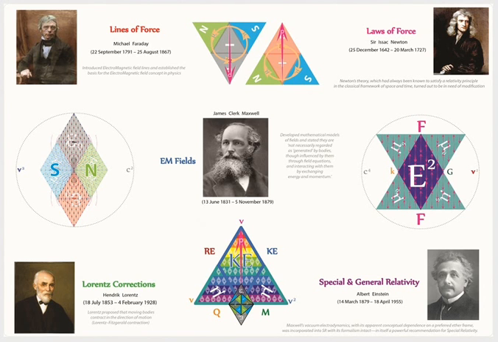We'll now move on, using equilateral energy geometries to explain the lines of force, the laws of force, and how special and general relativity erred in their mathematical formulation of Lorentz's correction, or velocity corrections, by applying them to matter as well as mass.